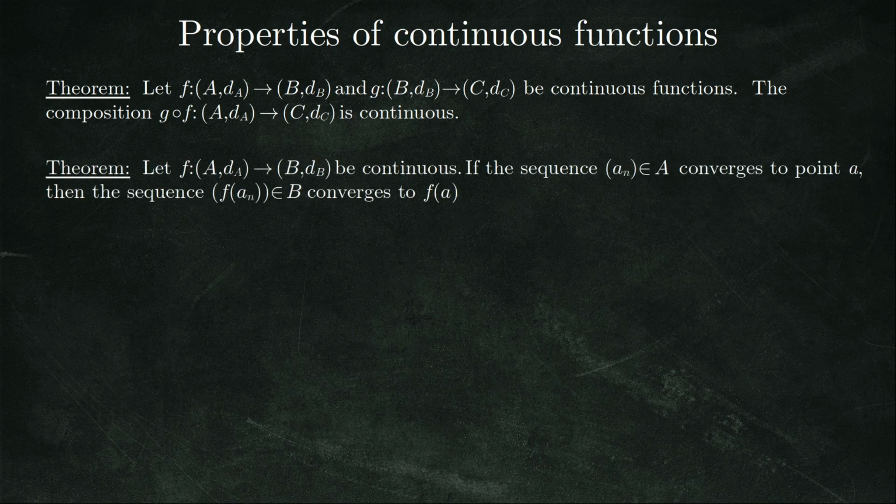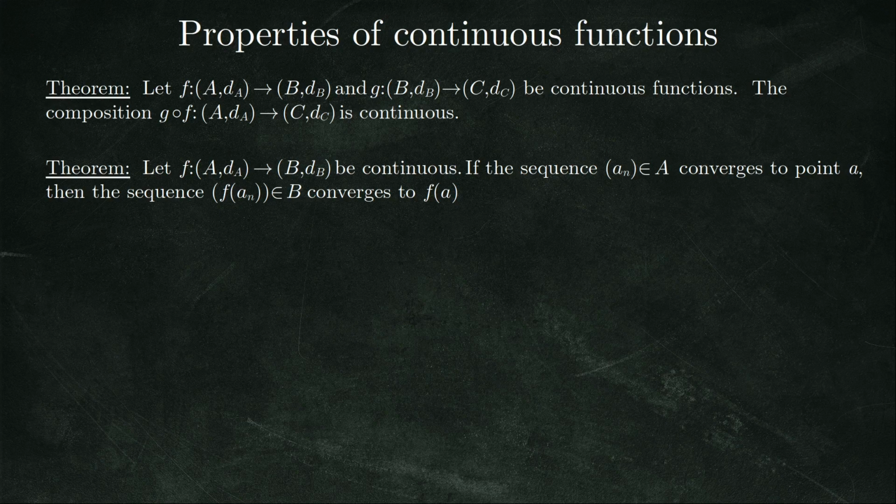Our next theorem is that if f is continuous and we have a sequence a_n in the domain A that converges to a point little a, then the sequence f of a_n converges to f of a.